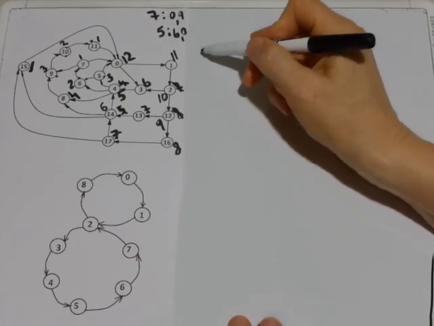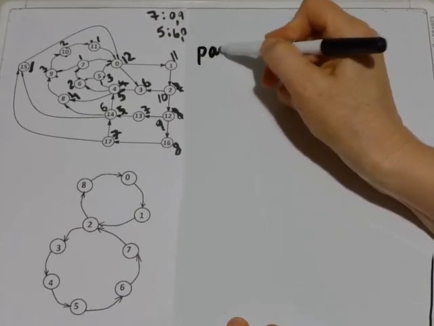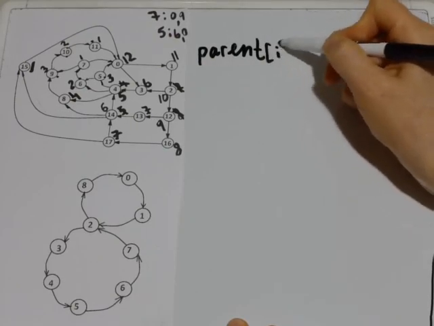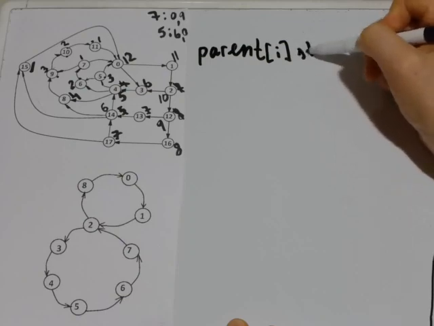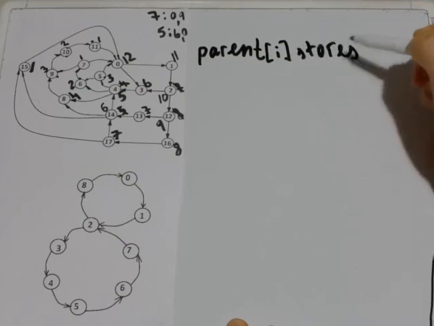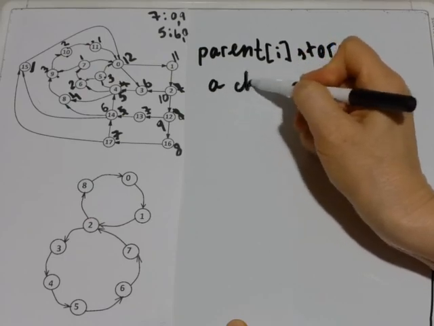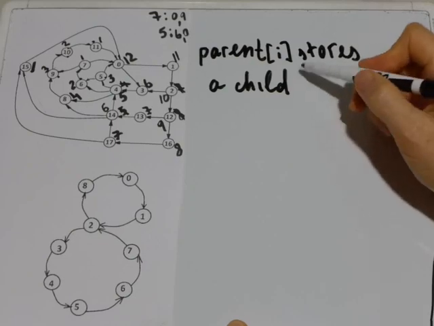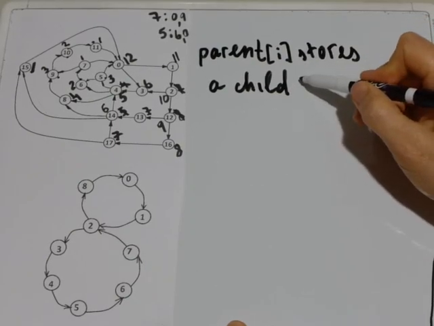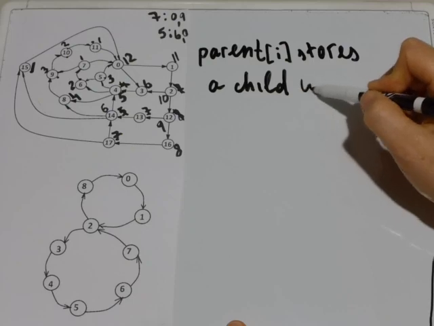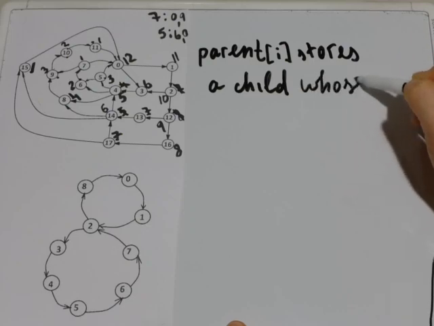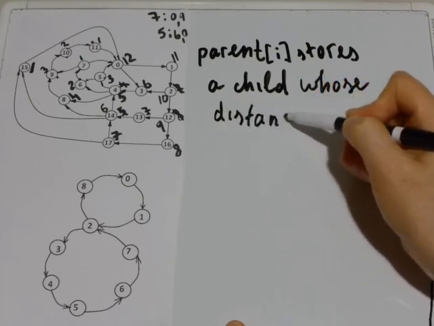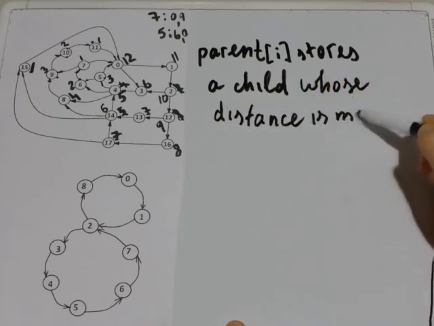We're going to use a parents array, but instead of parents, in this array at I we will store a child, or a neighbor, not necessarily a child, a neighbor whose distance is maximum.